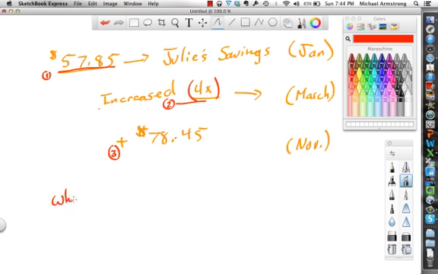So the question is, what is Julie's balance? What is Julie's balance in November? Okay, so you've got it set up the same way. You could actually do your charting similarly to the other page where you have January.